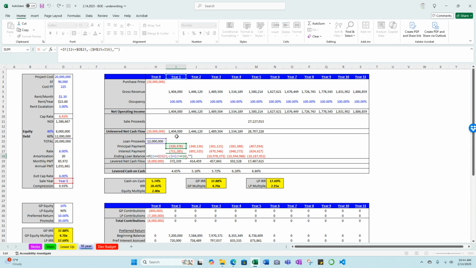For the ending loan balance, we're going to reference the year up here, less than or equal to sale year, year 5. Then we do the loan proceeds plus the principal payment. We make sure that's a negative number.